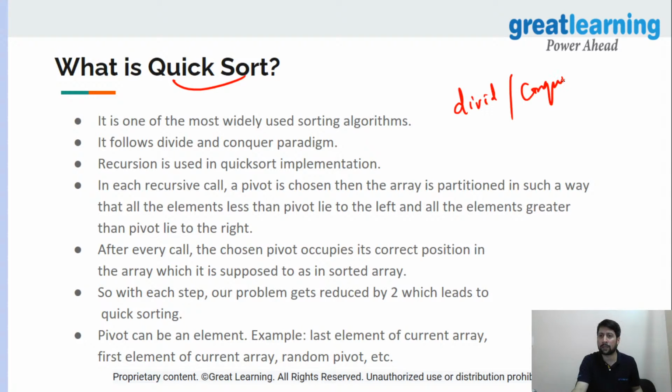Divide and conquer is nothing but dividing your problem into sub problems, and then further dividing those into sub problems. Then when you are combining, or conquering through it, you will have a scenario wherein the element is at its original position.